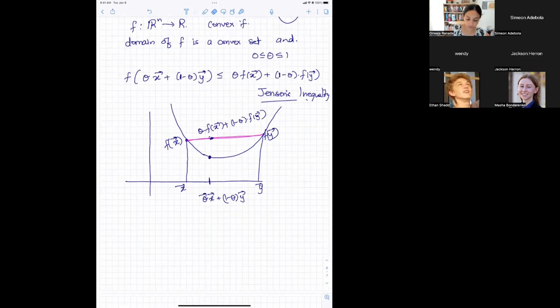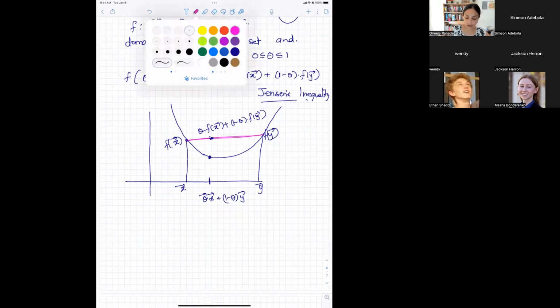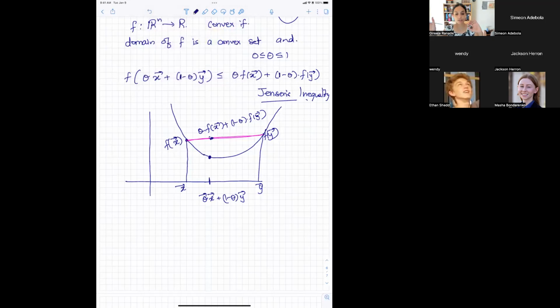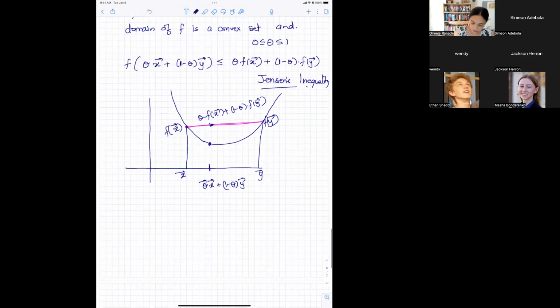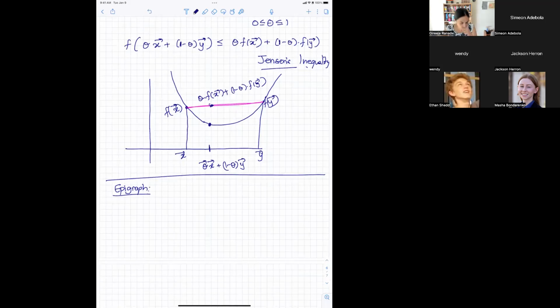The one thing that is very useful to do is to have connections between convex functions and convex sets. The way to do this is through the epigraph. For those of you who did discussion yesterday, you've already seen the epigraph. Those of you who are going to do it Friday will see it tomorrow.